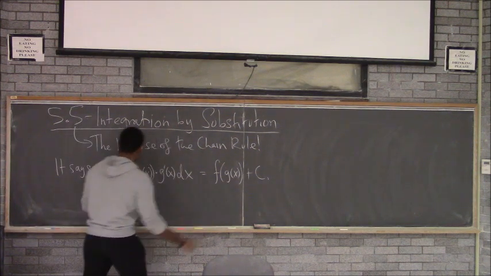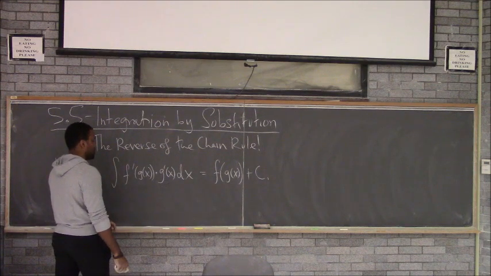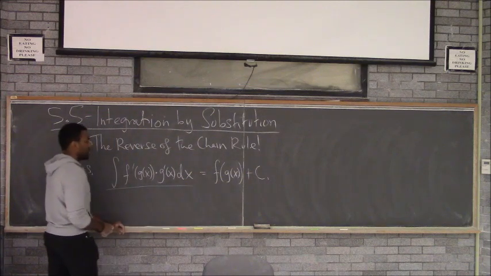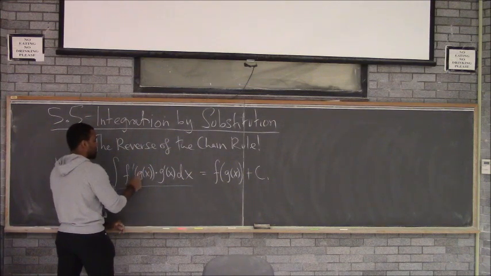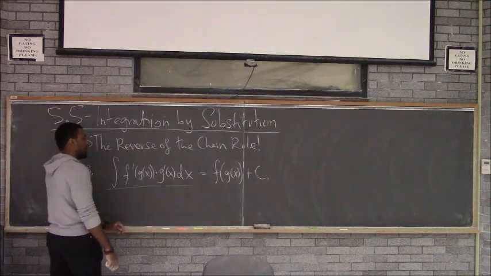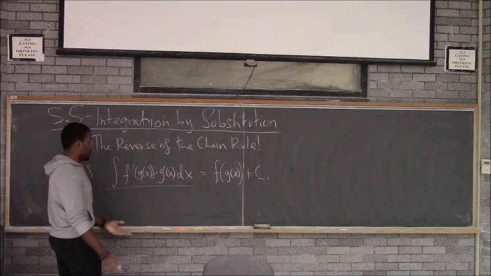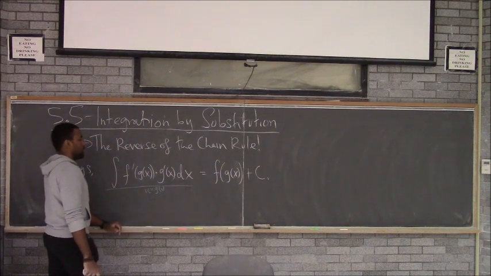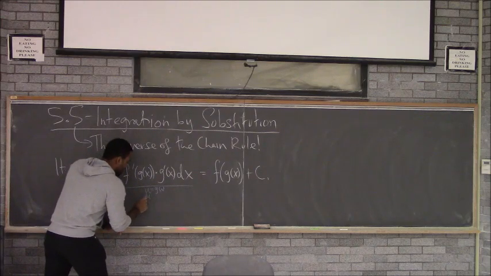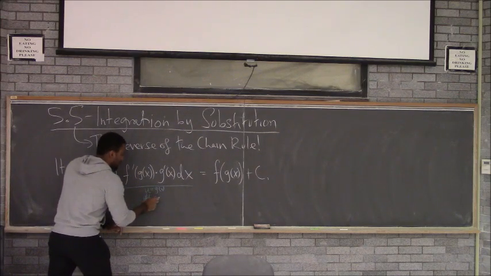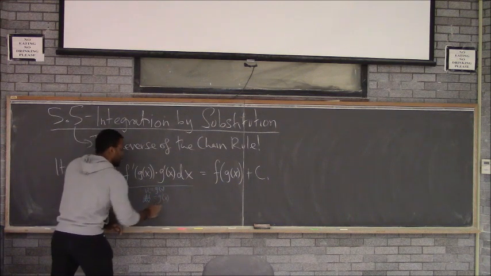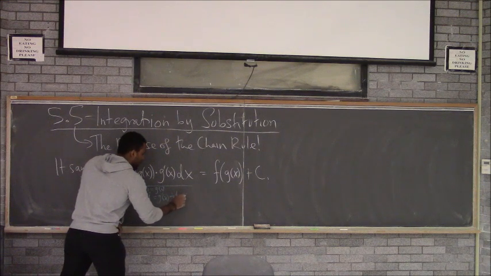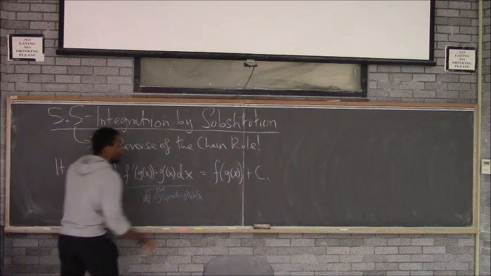I can add in one step here. What we could do is substitute something for the g of x. Let's say I substitute the variable u. So if I say u equals g of x, notice that if I differentiate that, find du dx, that would be g prime of x, which means I can write du as g prime of x dx.